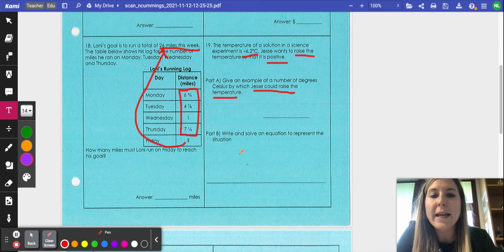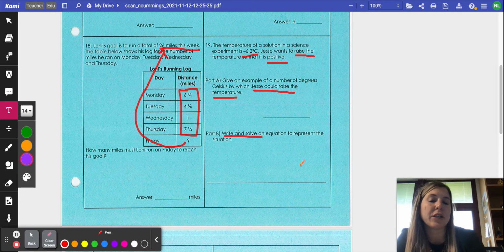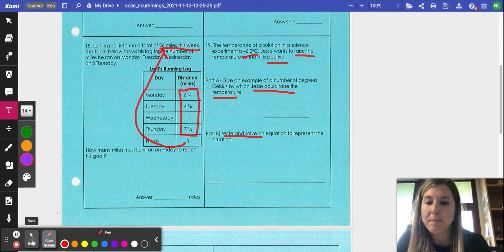Part B, write and solve an equation to represent the situation. So here you're giving an example of a number that Jesse would raise the temperature, so it's a positive. And down here, you're writing and solving an equation to represent the situation.